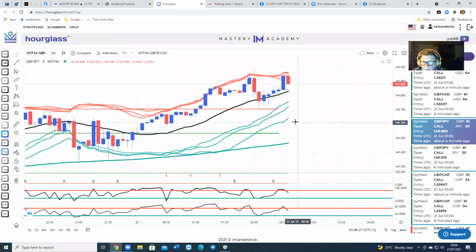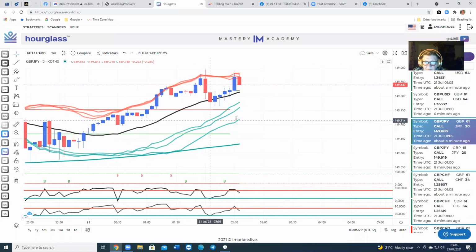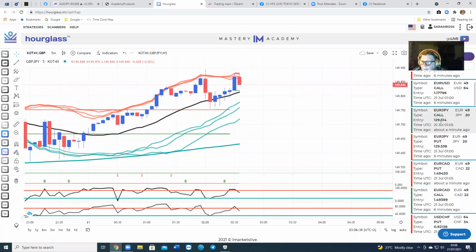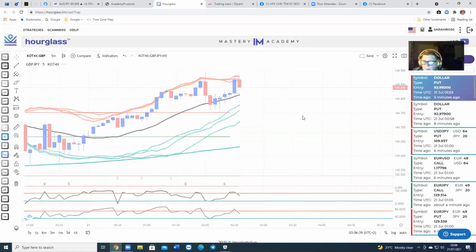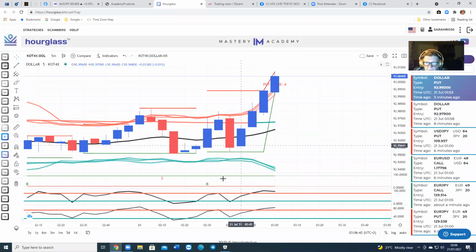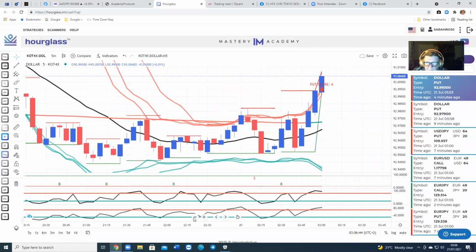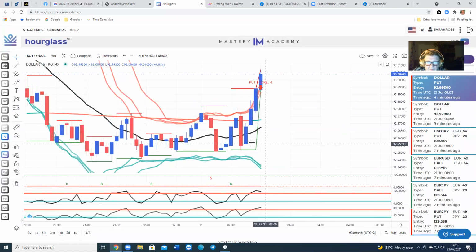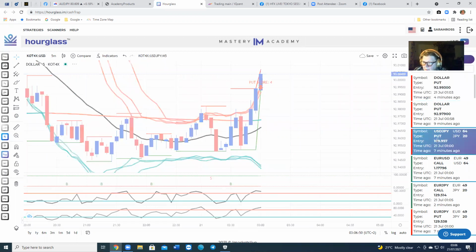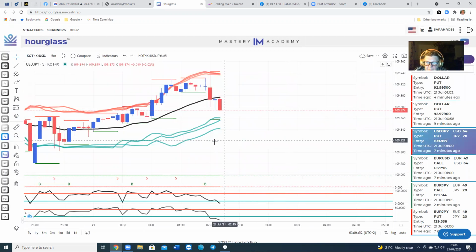Just have a quick look back at GJ. 61 to 20, moving average in our favor. We haven't got it down. I'll tell you what, we'll do this another way. The US dollar is a put, meaning it's going to lose strength. So that means this is oversold here.